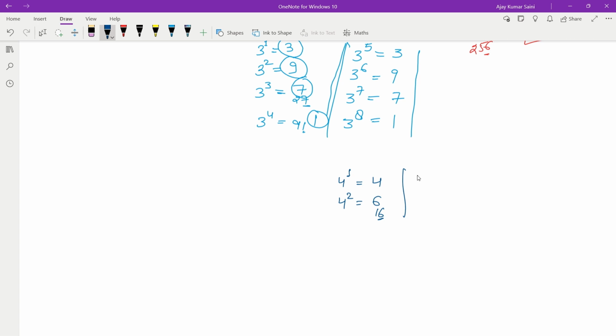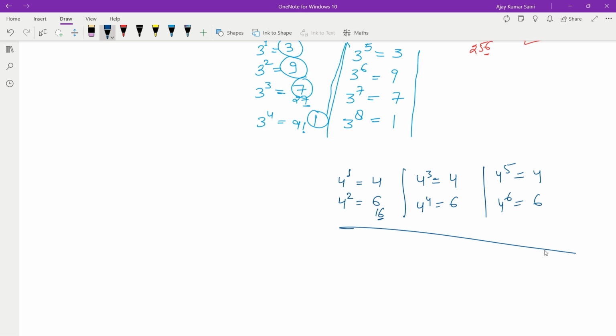If the power of 4 is 3, it is 64, and the last digit is 4. If the power of 4 is 4, then the last digit is 6. If the power of 4 is 5, the last digit is 4. If the power of 4 is 6, the last digit is 6. What you see here is that the cyclicity is 2, means after 2 they repeat.